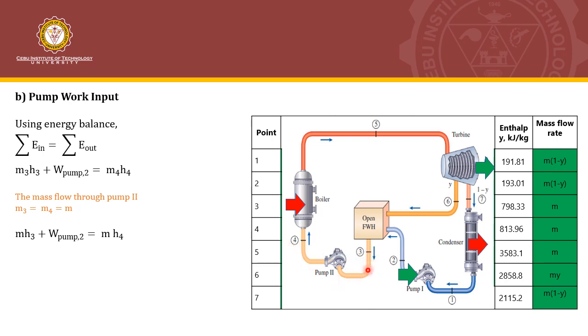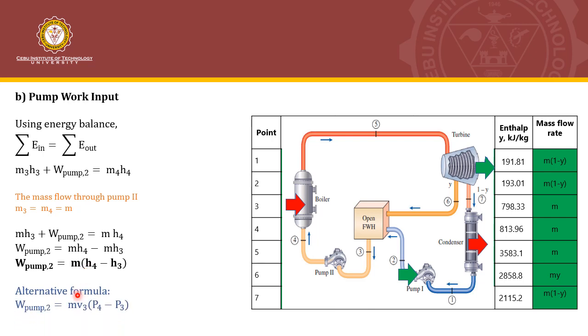And if you can also observe, they are equal to the value of M based on the table. So we substitute that in this equation that we have earlier, and we rearrange so that we will have this equation. We can also use the alternative formula, M multiplied by specific volume at point 3 multiplied by the pressure difference across pump 2, which is P4 minus P3.